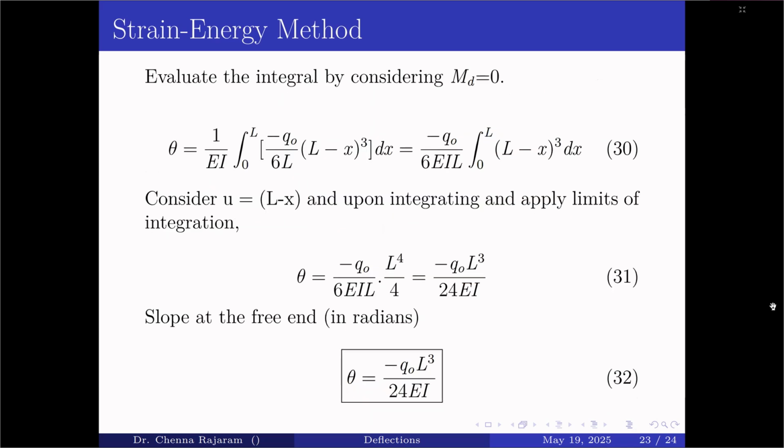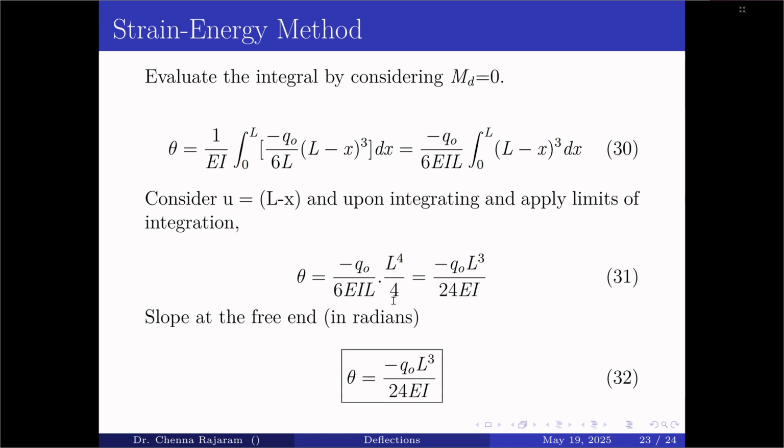Evaluating the integral by considering MD equal to 0, we obtain theta is equal to minus Q naught divided by 6 EI L, integral 0 to L of (L minus x) whole cube into dx. Similar to the deflection case, we consider u is equal to L minus x, and upon integrating and applying the limits of integration, theta is equal to minus Q naught divided by 6 EI L into L to the power of 4 divided by 4.